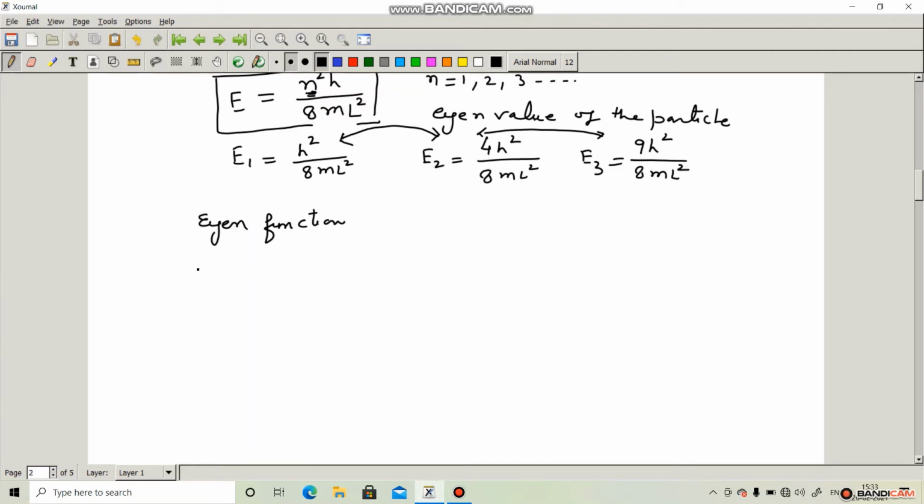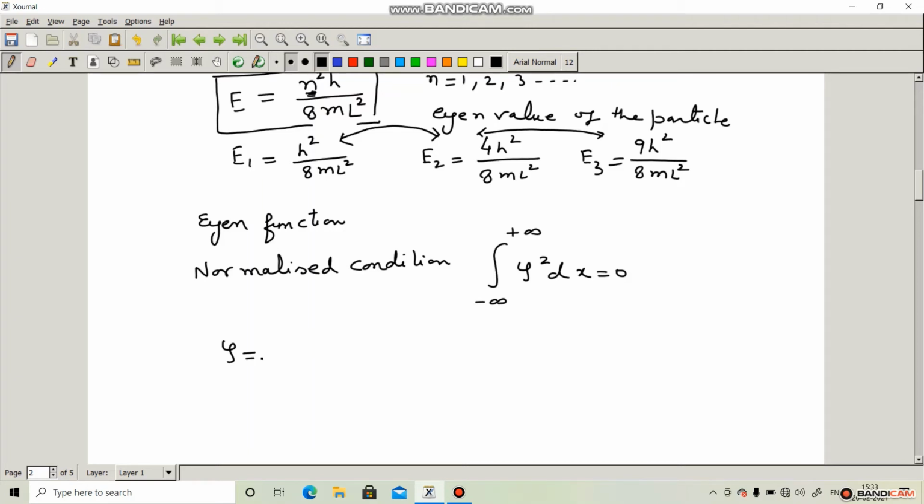We know the normalization condition, which we have discussed in the physical significance of the wave function. The normalization condition is the integration from minus infinity to plus infinity of psi square dx equal to 1.